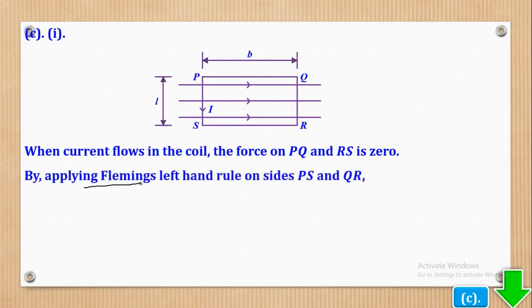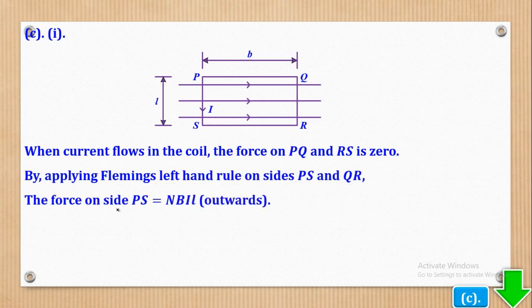By Fleming's left-hand rule, on sides PS and QR, the force on side PS will be equal to NBIL and it will be outwards. So here it will be outwards.